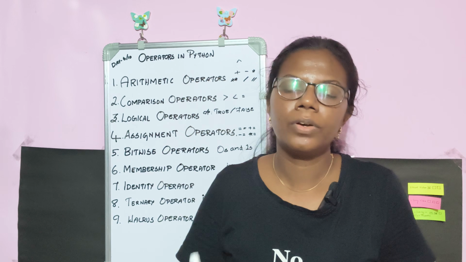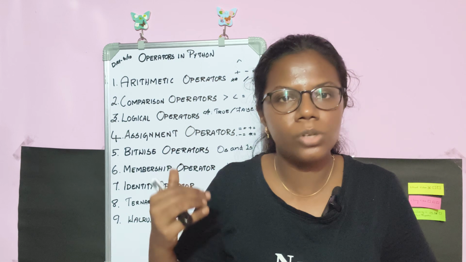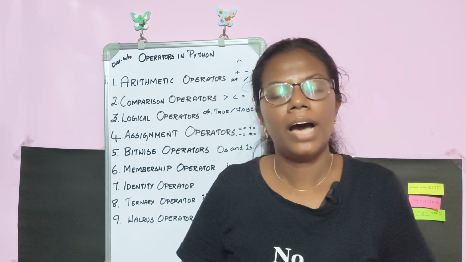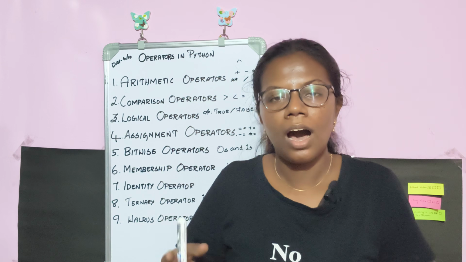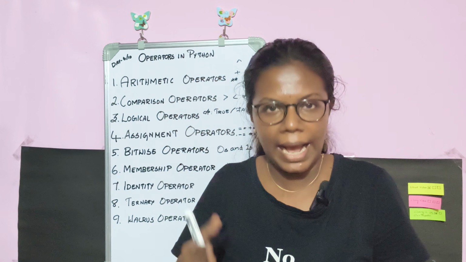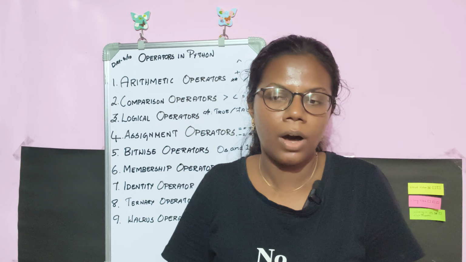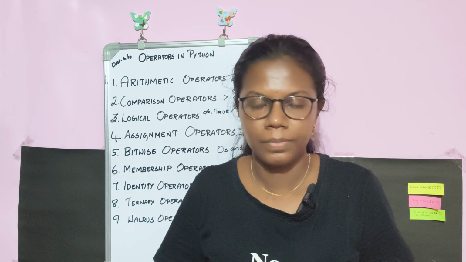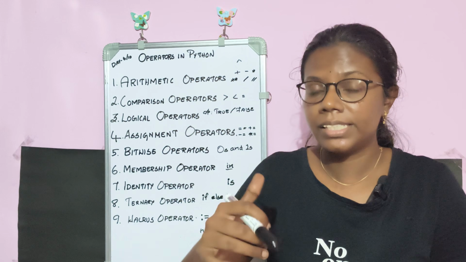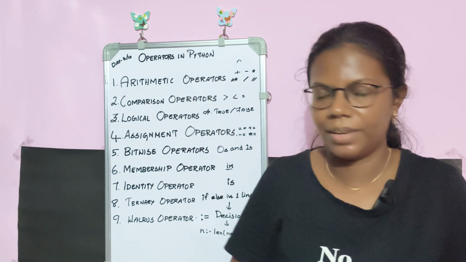In this video, I'm going to give an overview of how these operators work in Python, and in part 2 of today's video, we are going to clearly see how these operators work practically, like I explained in the previous video by sharing the screen. Without any delay, let's get into the overview part for today.